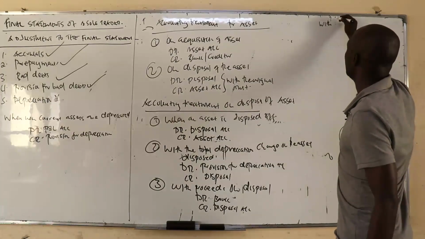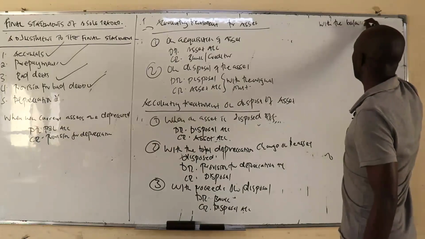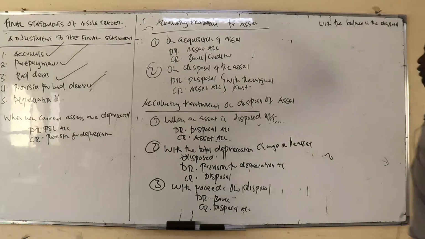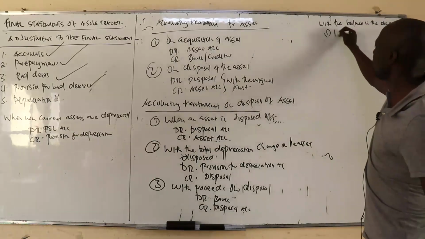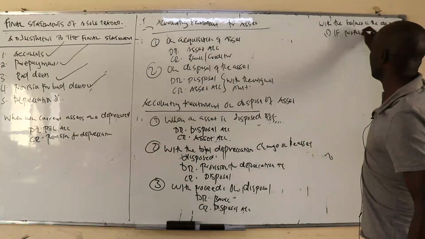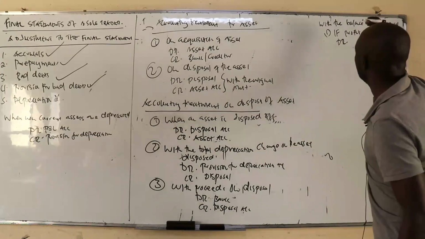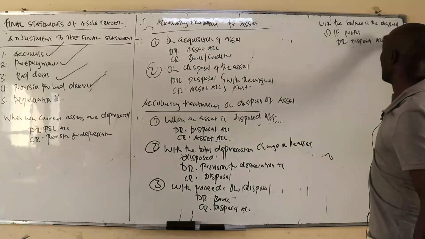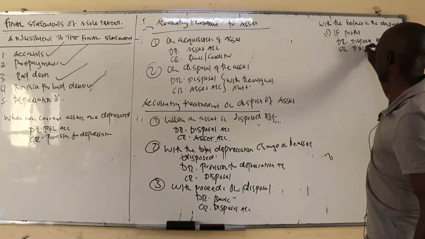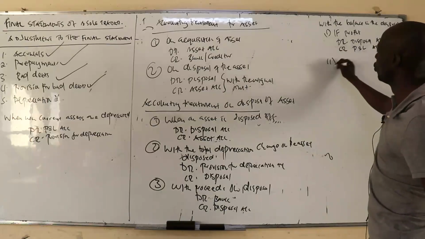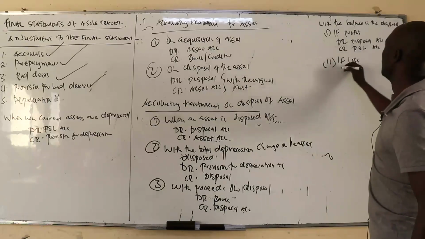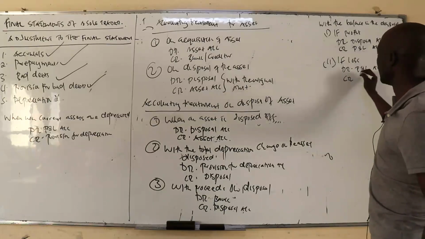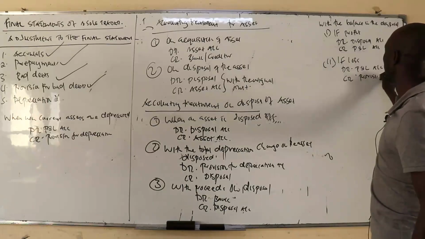With the balance in the disposal account, one, if profit, debit disposal account and credit profit and loss account. Two, if loss, debit profit and loss account and credit provision for depreciation.